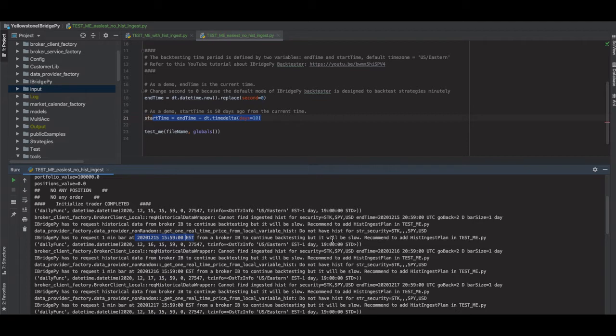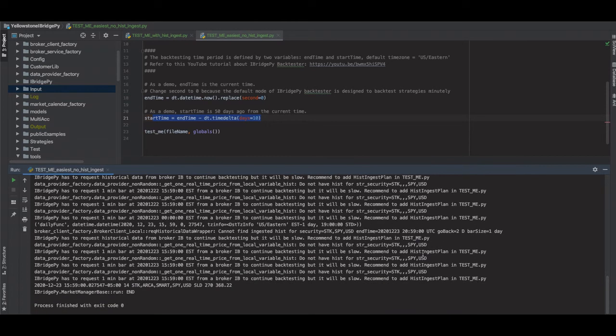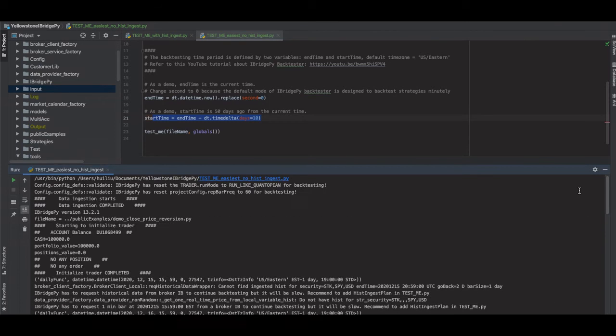However, IBridgePy does not have this data, so it goes to Interactive Brokers to request historical data and also recommends adding a HistIngestionPlan in testme to speed up. We can see a lot of this happening, because every time IBridgePy needs historical data but does not have it, it issues a warning recommending to add HistIngestionPlan in testme.